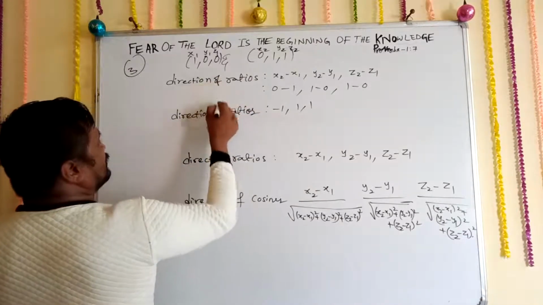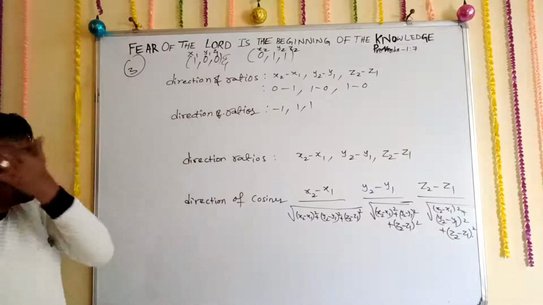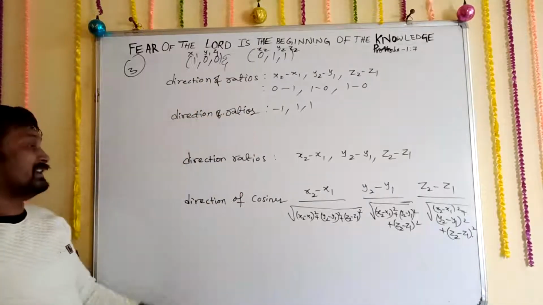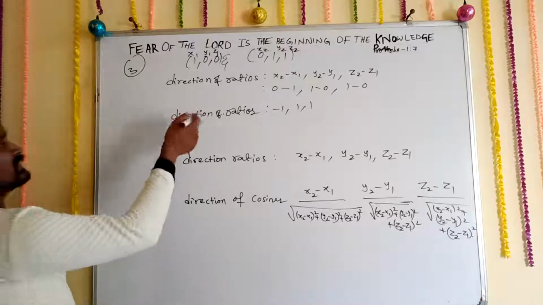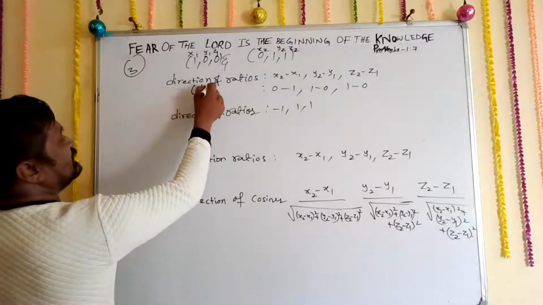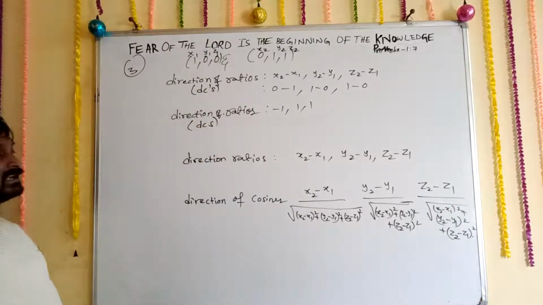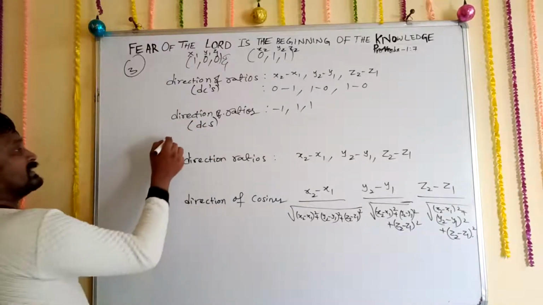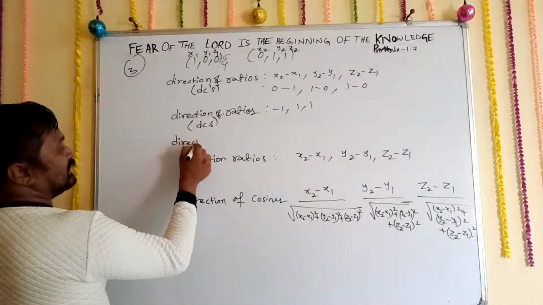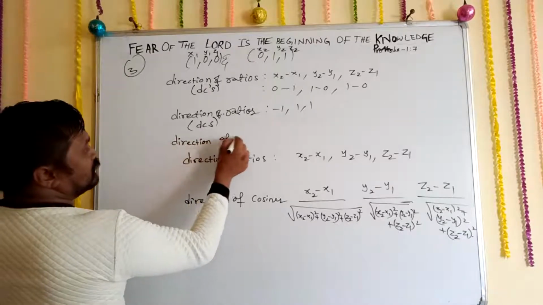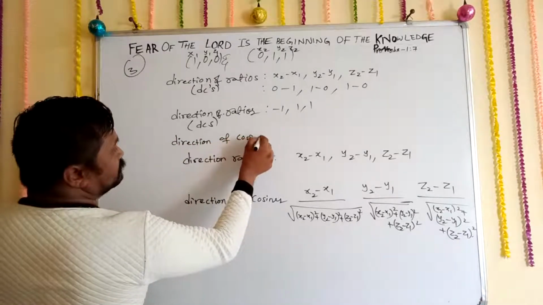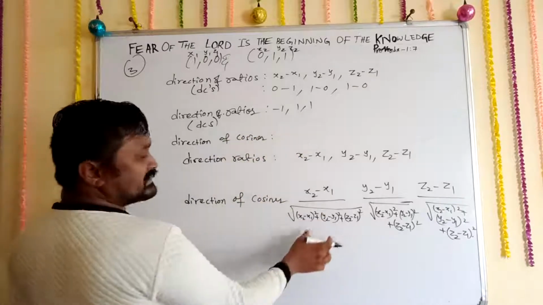You can write DRs for direction ratios. After writing this, I want the direction cosines. So now what is the formula?